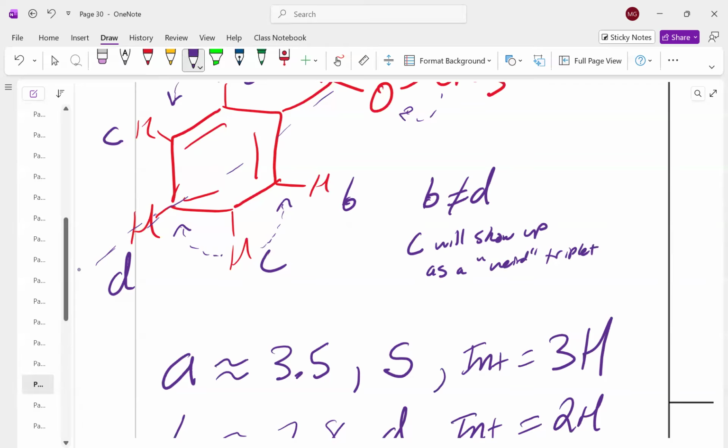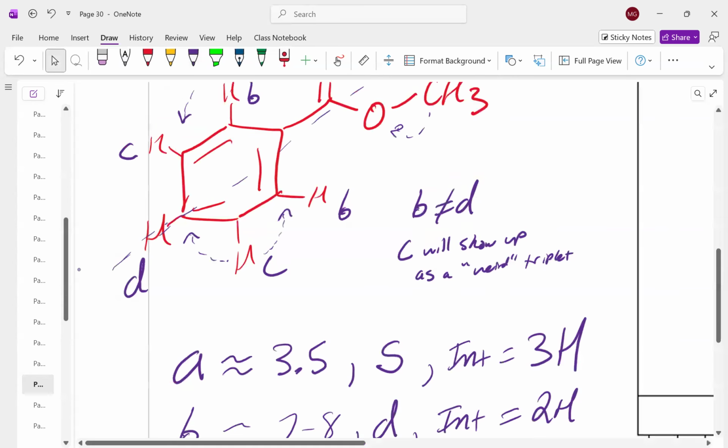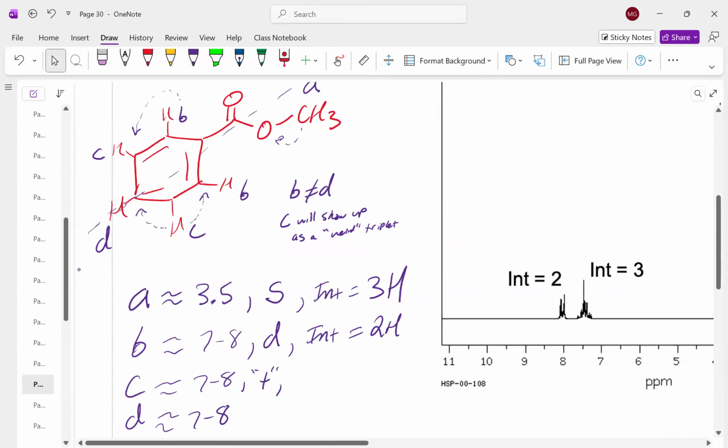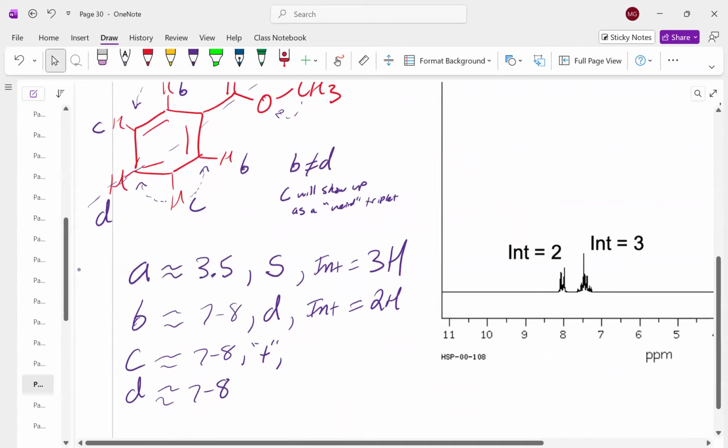If B and D were the same, then we'd see a nice, perfectly symmetrical triplet. But because they're not, it's going to look weird. I'm not going to go farther into that, but you'll see it when we put it all together. And then there are 2 C hydrogens. I expect an integration of 2.